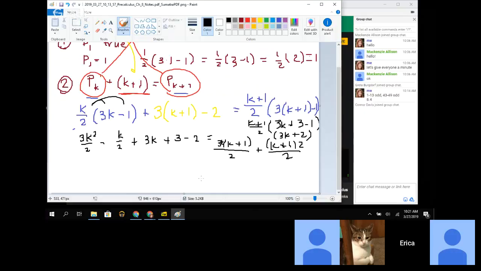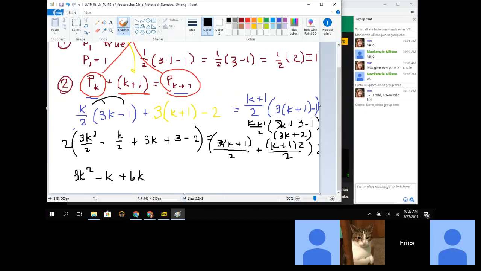I think what I'm going to do is I'm going to multiply everything by 2, and then I'm going to get rid of all of my fractions. So I'm going to multiply everything on this side by 2 and everything over here by 2. And I get rid of all of my 2's. So I get 3k squared minus k plus 6k.